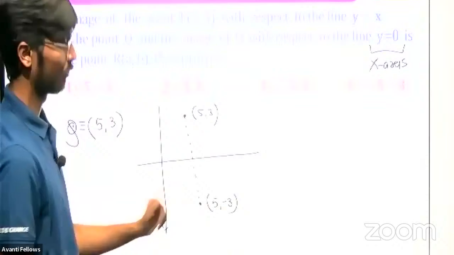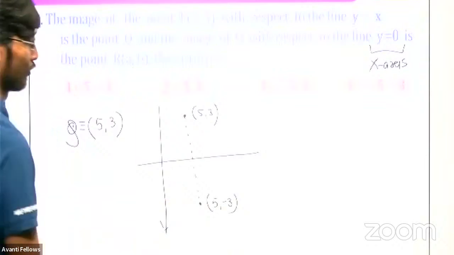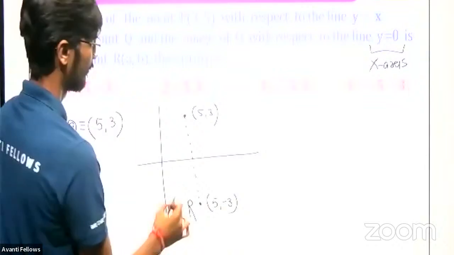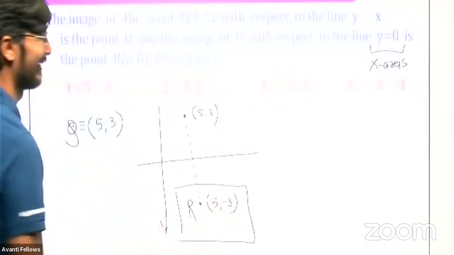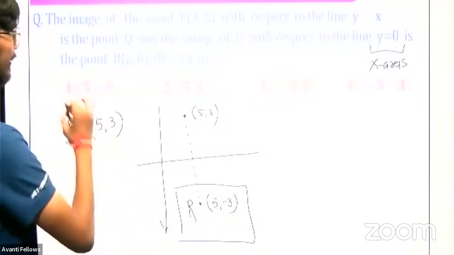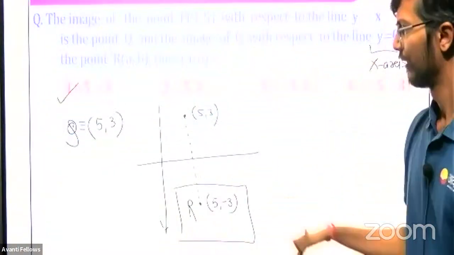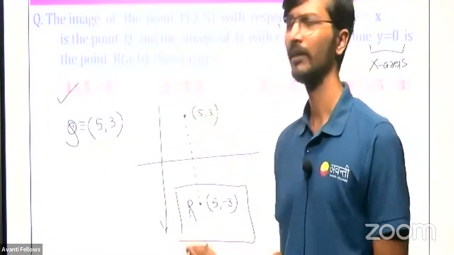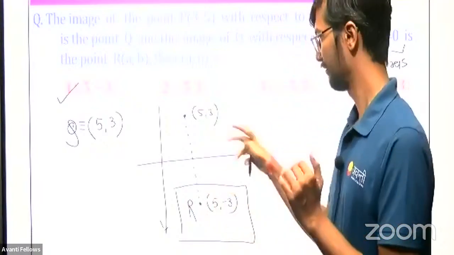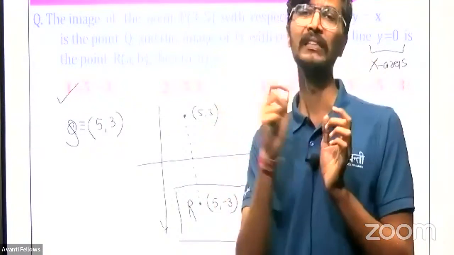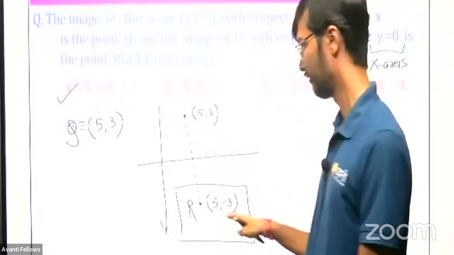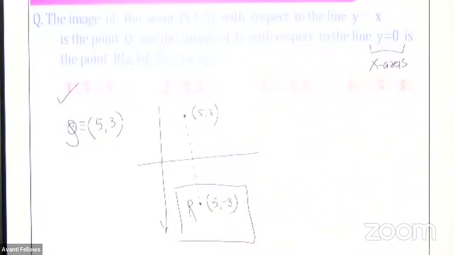So this will be my point R, which is (5, -3). So that is my option number A, or first. I hope you got it right. This is the first quadrant, both are positive. This is the image, that means the coordinates will remain the same, just the sign will change, into (5, -3).